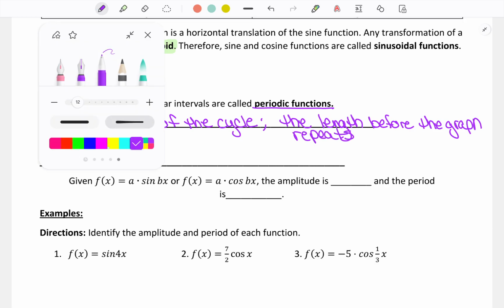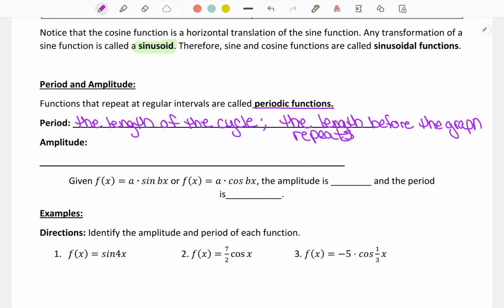So then your amplitude is half the distance between the minimum and maximum.